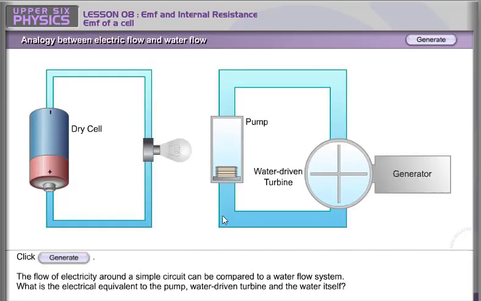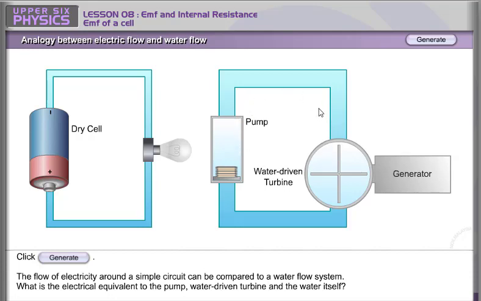Now electric flow is analogous with water flow. In order for us to understand a DC circuit, we can assume it to be like a water flow. All right, maybe this can be easy for you to understand.